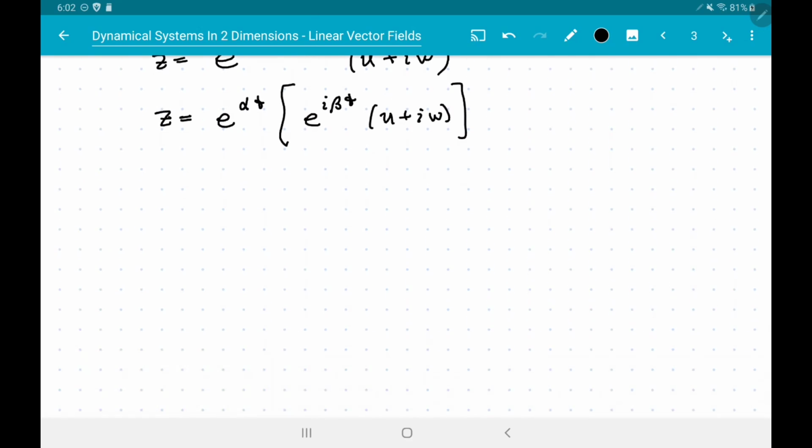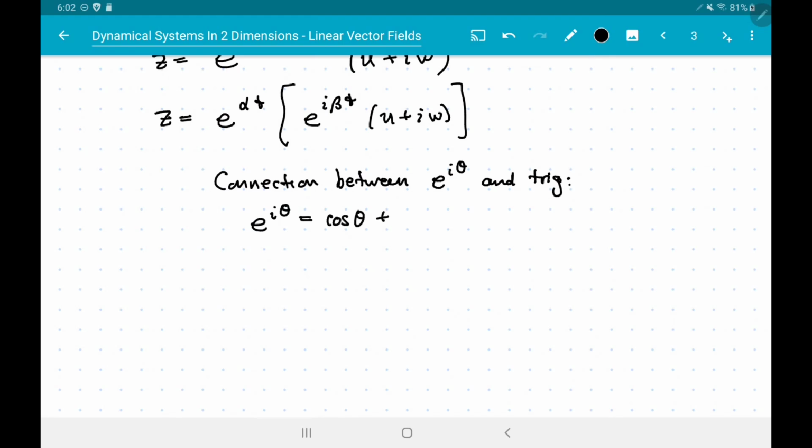But now there's an important thing to know, which is the connection between e to the i theta and the trig functions. e to the i theta can be written in polar form, but it can be written in rectangular form as cosine theta plus i sine theta.